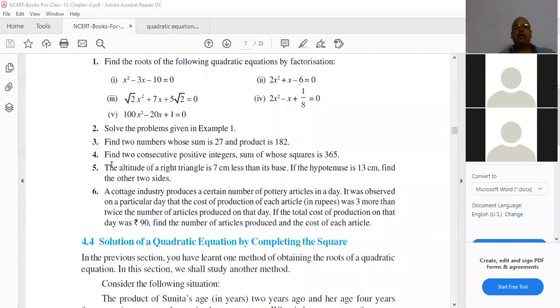Hence, the square of the hypotenuse is equal to the sum of the squares of its base and altitude. Okay, now we'll go to the answer page.